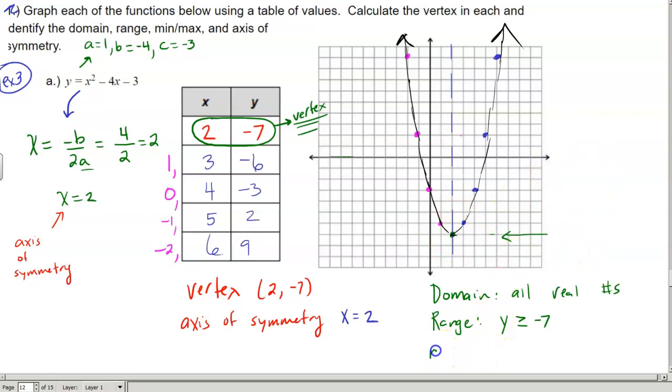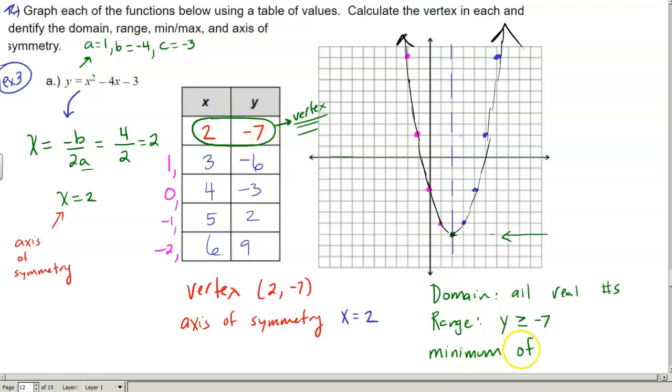So I'm going to say we have a minimum here, a minimum value of, and this is basically asking the question of how low does the graph go in terms of the y values? So again, that goes right back to my vertex. Not the 2, but the y value, which is -7.